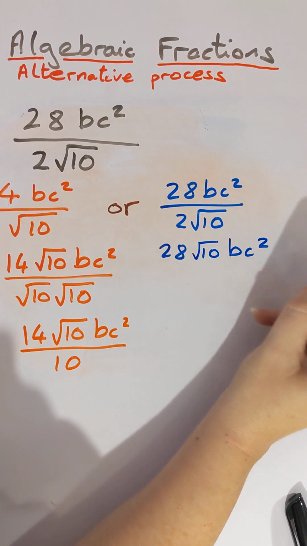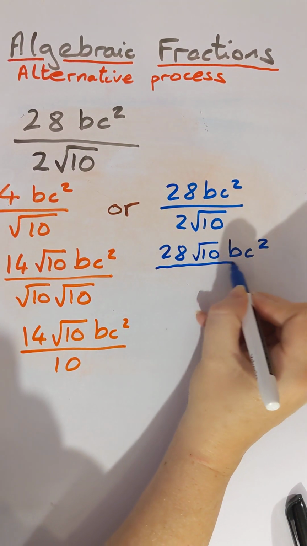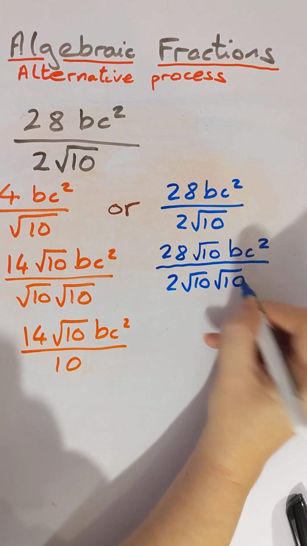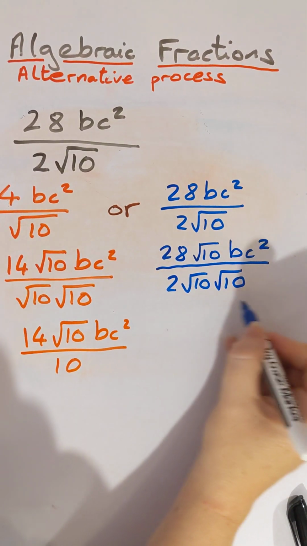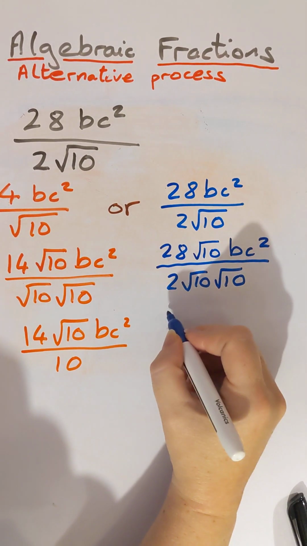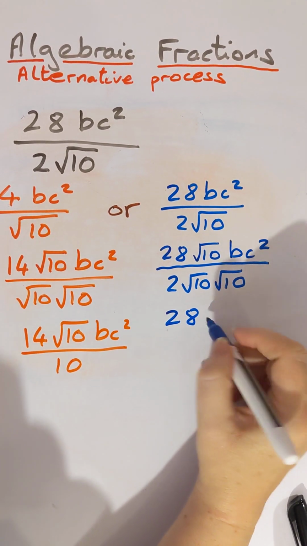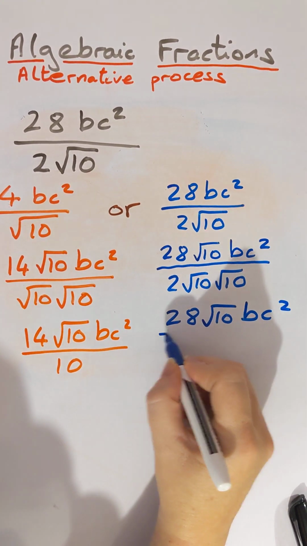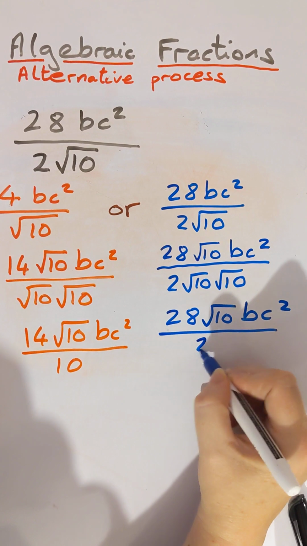And then we've got our letters. And then we times in by root 10. So we've got root 10, which again we know is worth 10 on its own. So we've got 28 root 10 bc squared over 20.